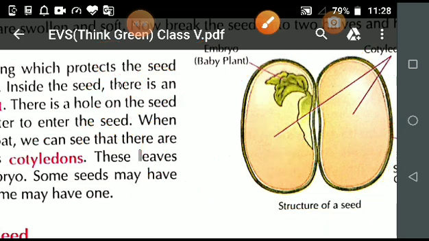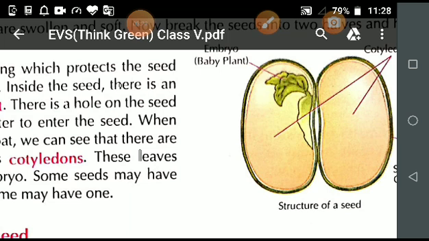Now student, these cotyledons are of two types: monocotyledons and dicotyledons. It is not given in the book, but for your understanding I am telling you these are of two types.